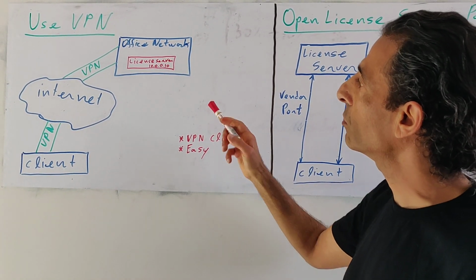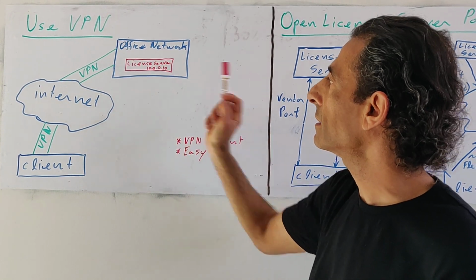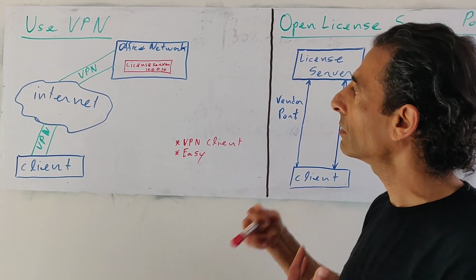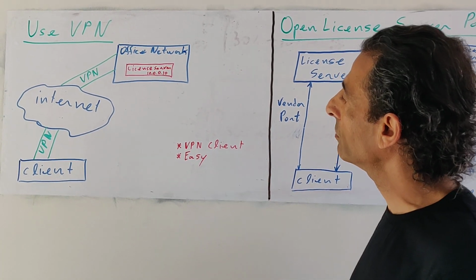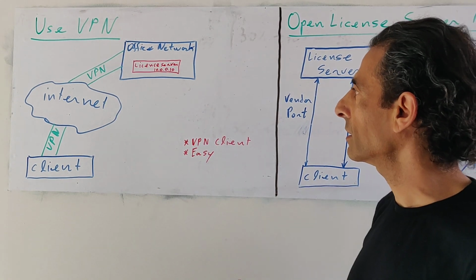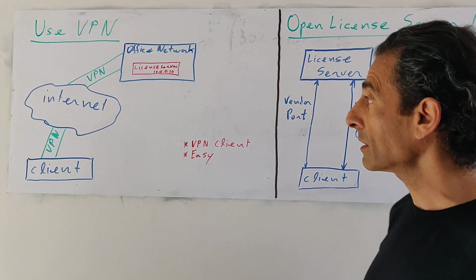So it's quite easy to connect to the license server. Again, we need to set the timeout to a correct value, but it works well, and this is actually the easiest and the best method.